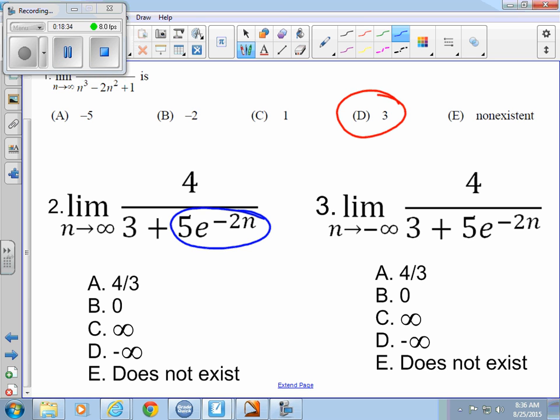If that piece goes to 0, then what does the whole thing approach? What's left? 4/3. Turns out that the 4 and the 3 were the highest powered piece.